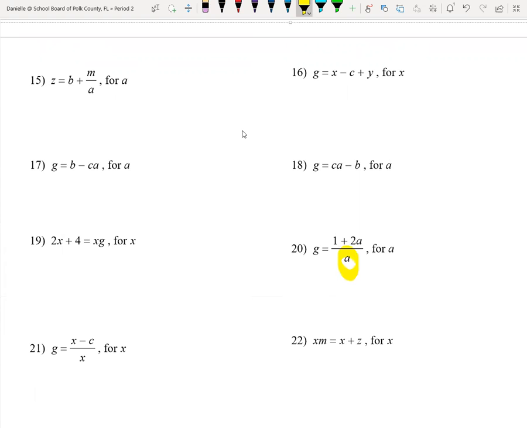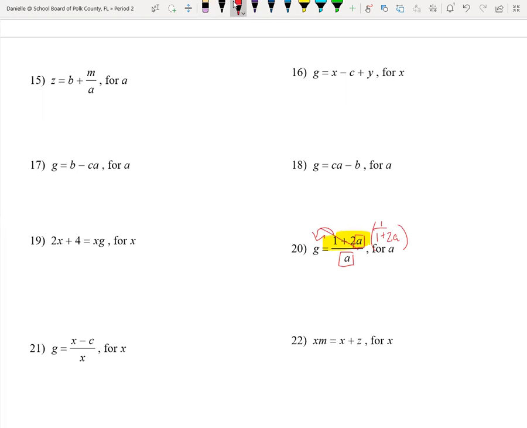We need to move our a to the other side, or we can move this to the other side because we want to solve for a. I'm going to choose to move the top half over, and we know that if it's a fraction, we need to flip it upside down. So this time we are going to multiply by 1 over 1 plus 2a.